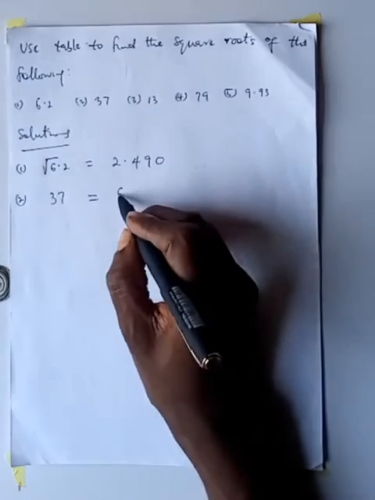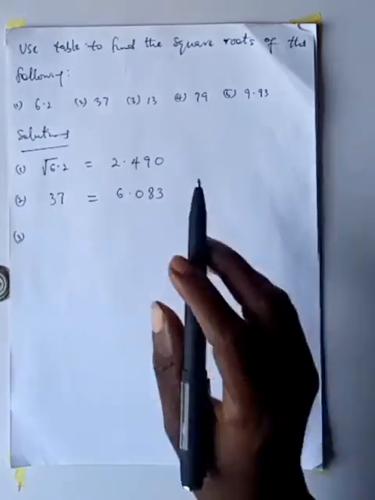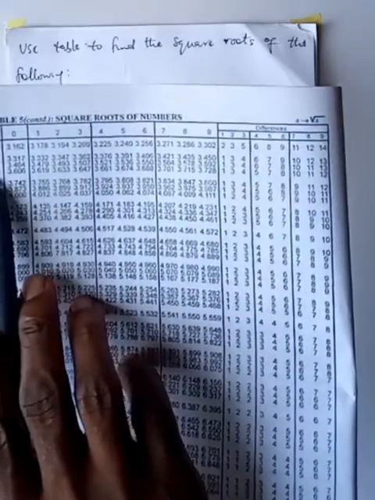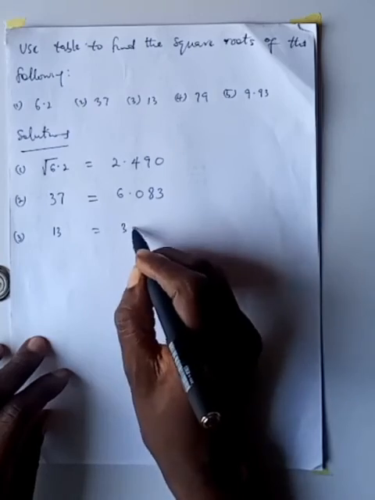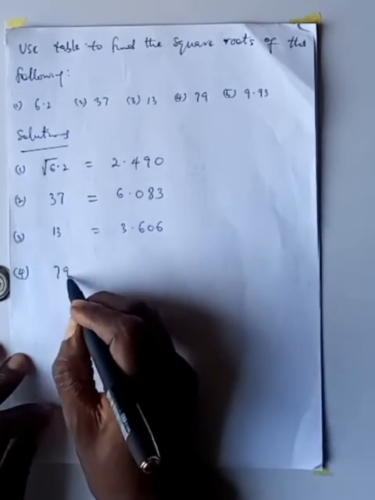So that is going to be 6.083. Now in number 3, we have 13. You can as well see this is a whole number rather than a decimal number. So we are also going to make use of 13 under 0. And by 13 under 0, what I have is 3.606. So now 13, that is 3.606.